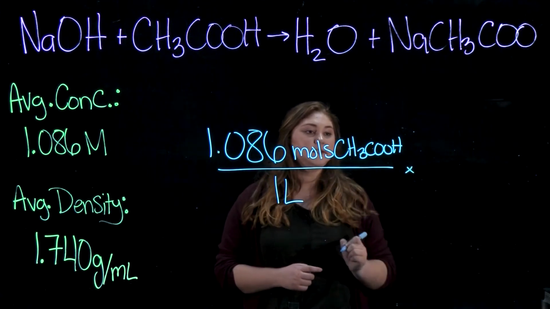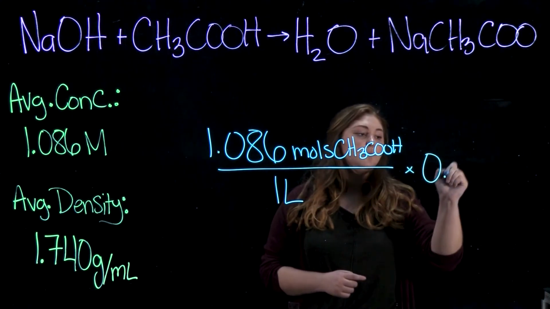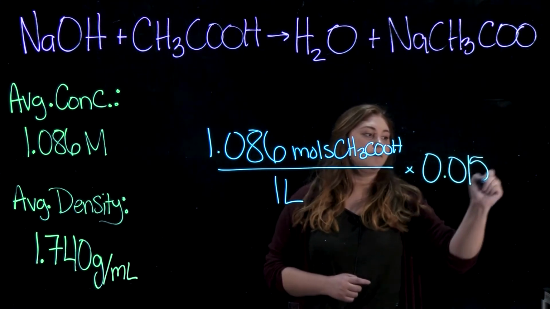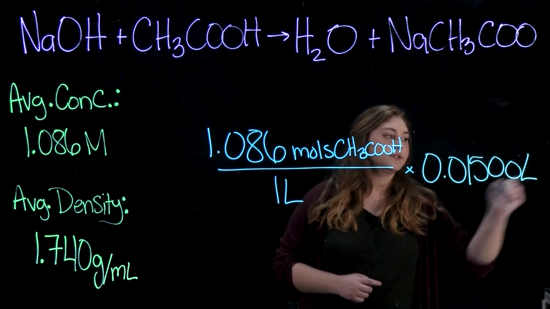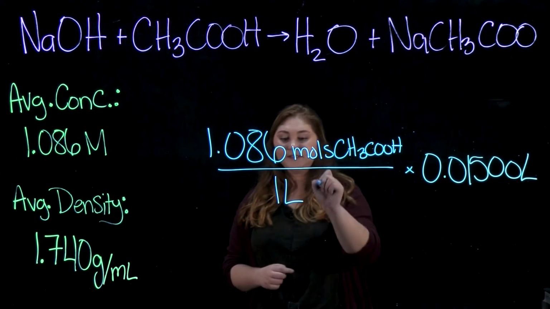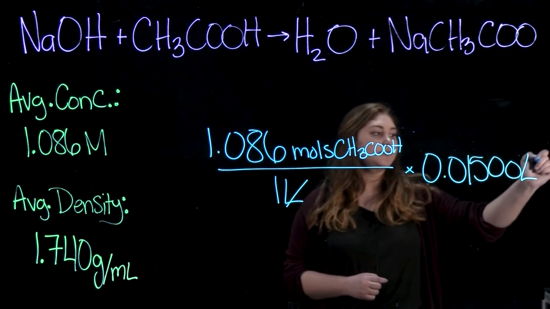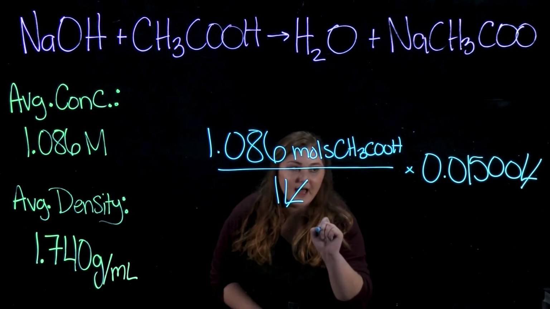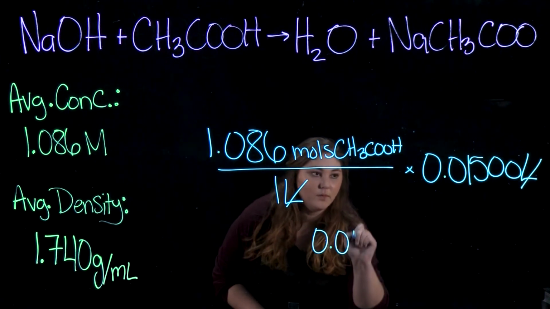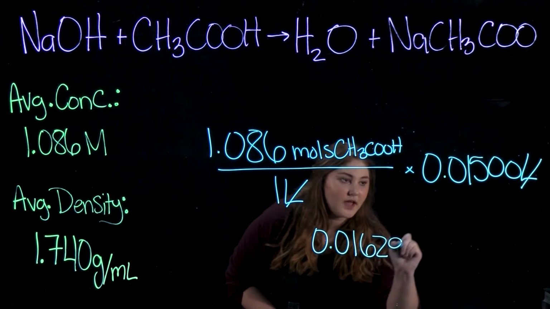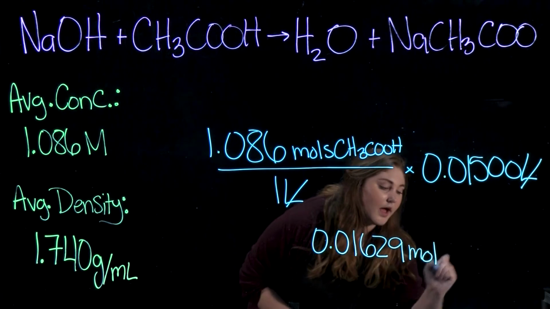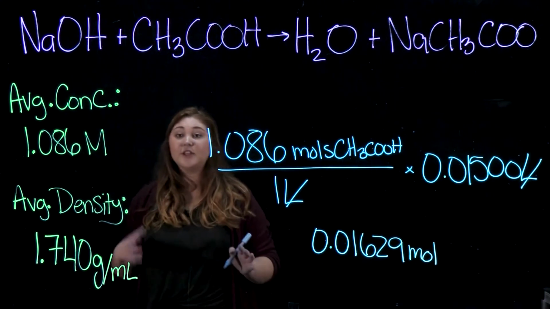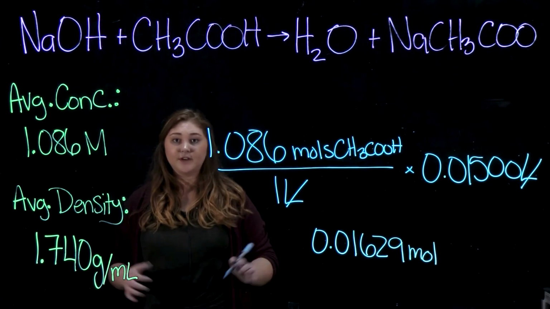My volume for this example would be 0.01500 liters. I can see that my liters will cancel out, and I'm left knowing that I have 0.01629 moles of acetic acid on average in a 15 mL sample of vinegar.